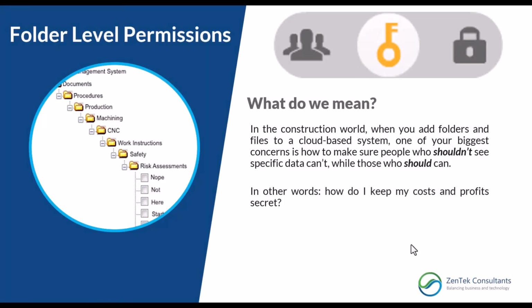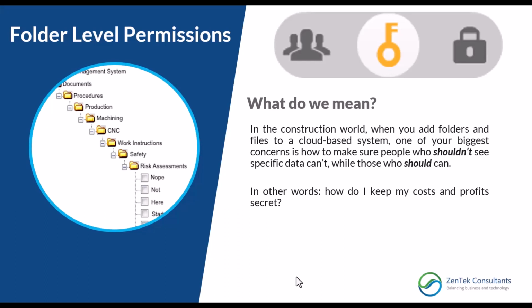So what do we mean by folder level permissions? The key to all of this comes down to making sure that, when you add contractors, subs, owners, architects, and engineers, people outside of your company or potentially even inside your company, to your project, you're going to give them permission to access your job.